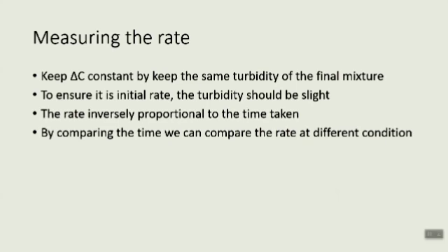To ensure it is the initial rate, the turbidity of the final solution should be as slight as possible. When we keep the amount constant, the rate is inversely proportional to the time taken to reach the same turbidity. So just by comparing the time, we can compare the rate at different conditions, and we can obtain the reaction order.